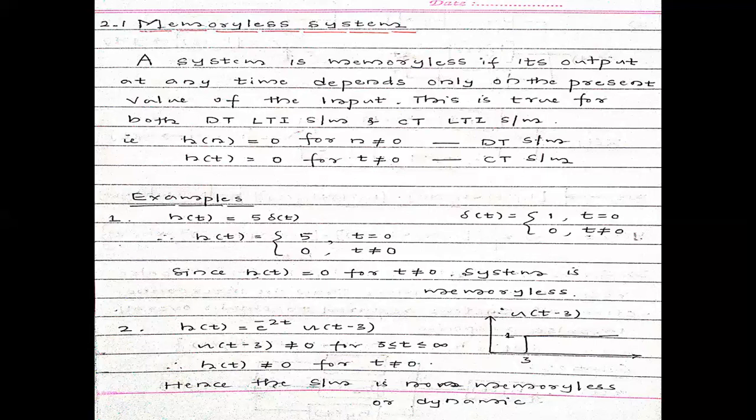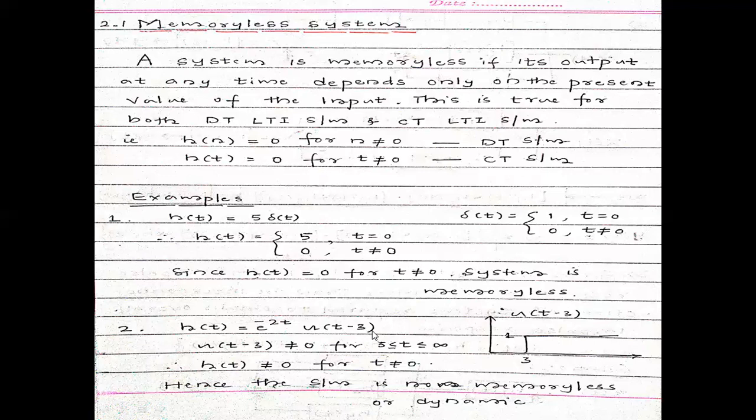Another example we have here is h of t equal to e raised to minus 2t. It is an exponentially decaying function multiplied by the time shifted version of the unit step function, that is u of t minus 3.